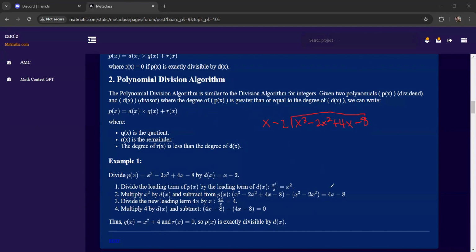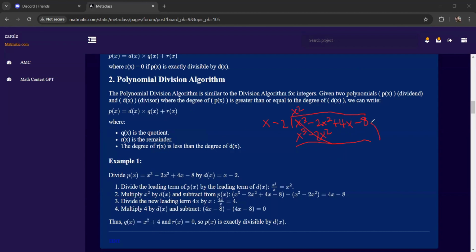So all you have to do is just multiply the divisor by x to the power of 2, which gives us x to the power of 3 minus 2x to the power of 2. And this whole thing just cancels out, and we're only left with this.